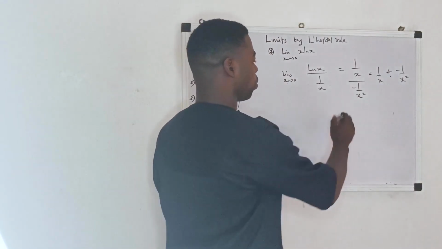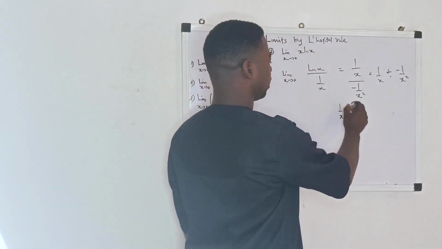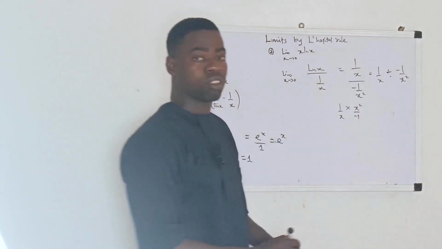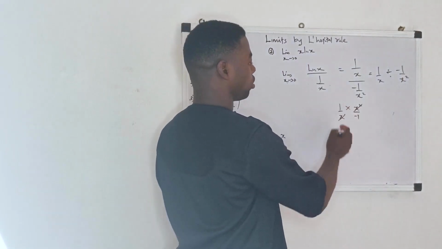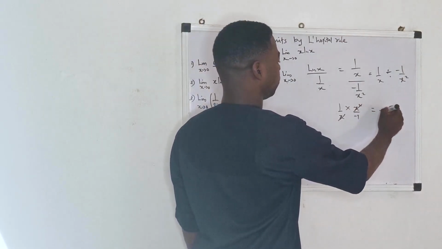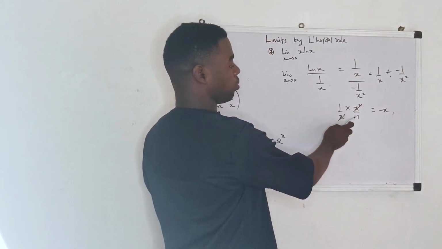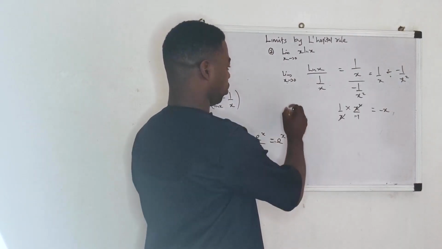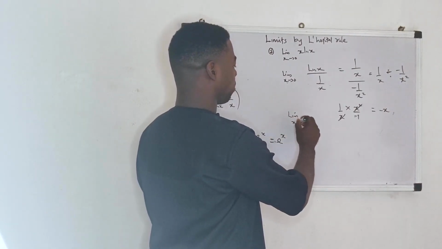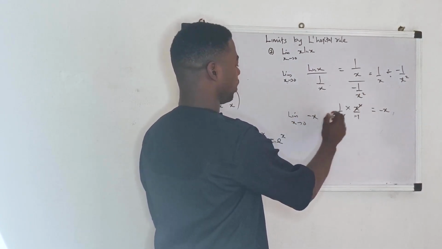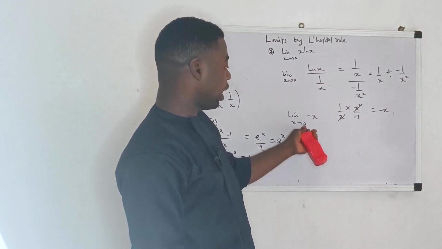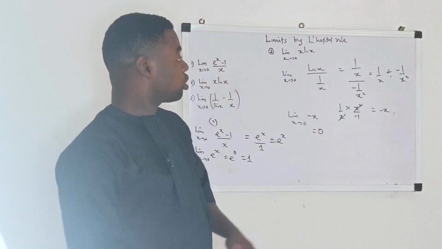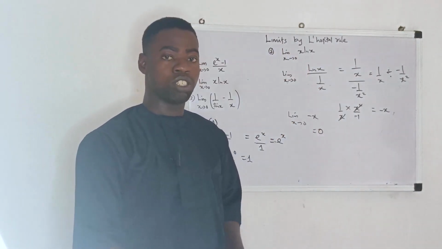If we do that, we have 1 over x times x squared over -1. The x's cancel out, leaving you with negative x because of the -1, right? And so if we take the limit from here, we have the limit as x approaches 0 of -x. Our x is 0, so this is equal to 0. So the limit of x ln x as x approaches 0 is 0.